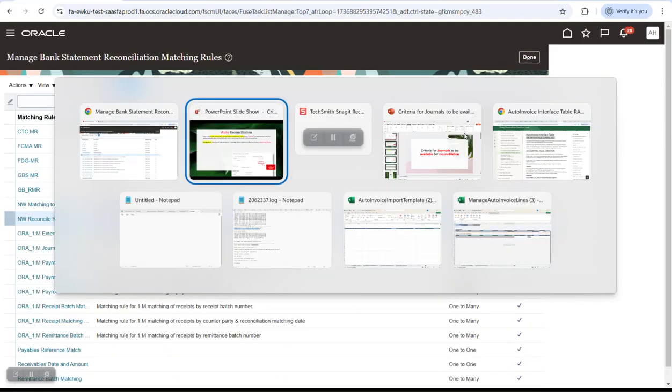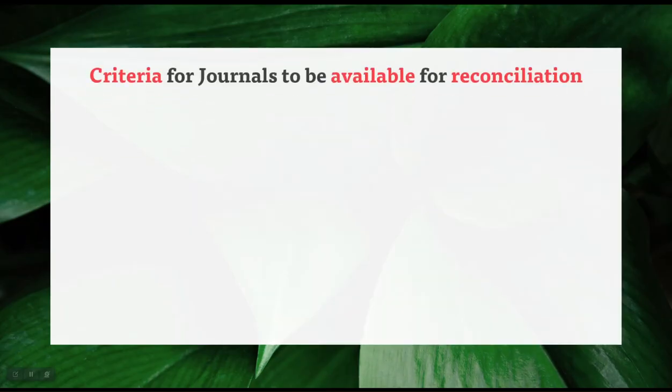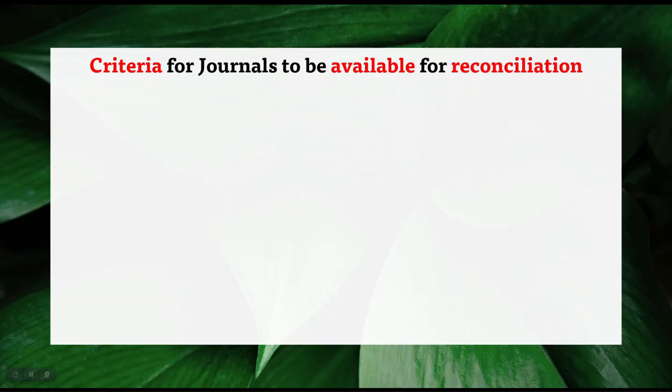Before doing our practice, just for manual reconciliation, we already talked about it. There are some criteria for journals created in GL to be available for reconciliation in cash management with your bank statement. Criteria means some conditions. You have to check these criteria before checking the GL journal in the reconciliation form.